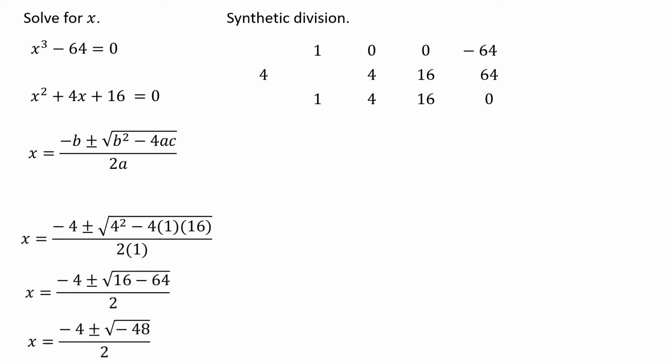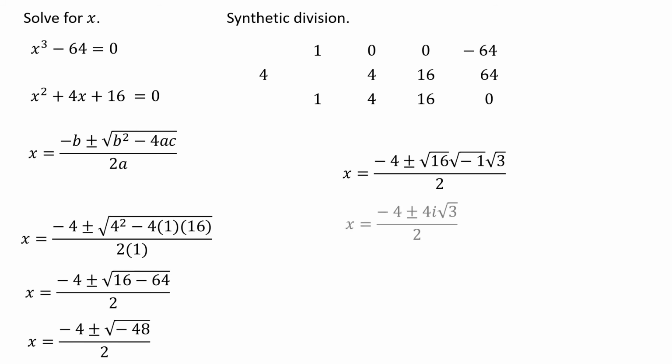Same situation, I'm going to get a square root of a negative number. I'm going to use 16 times 3 for 48 because 16 is the largest perfect square that is a factor of 48. And then I can take the square root of 16, I get 4. Square root of negative 1, of course, becomes i. Divide everything by 2, and there are our second and third solutions.